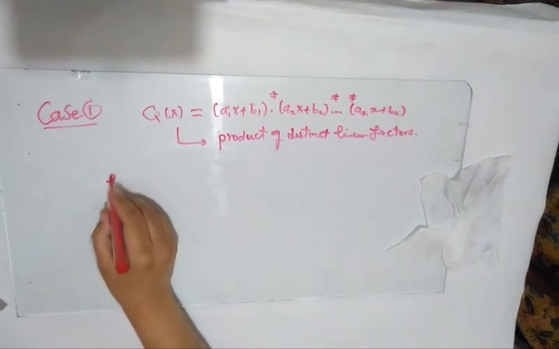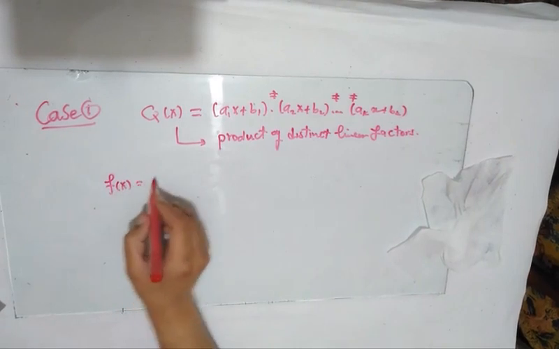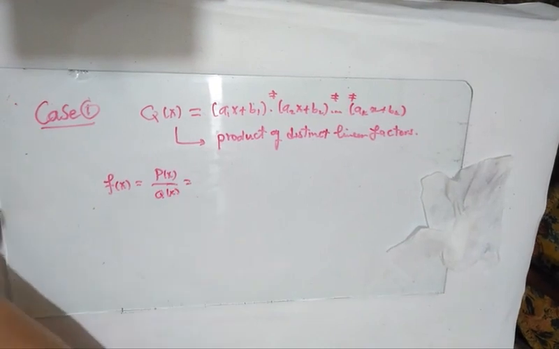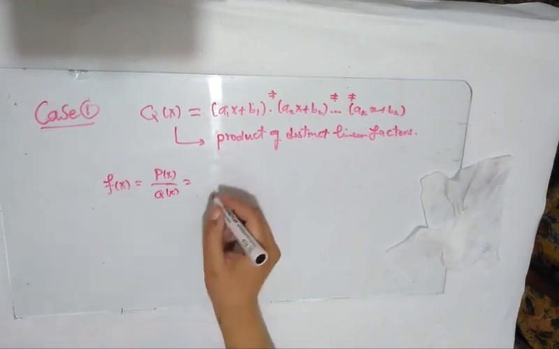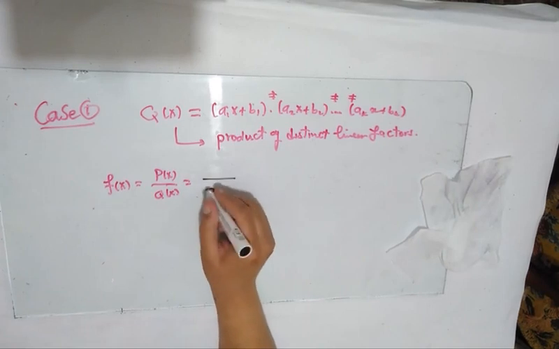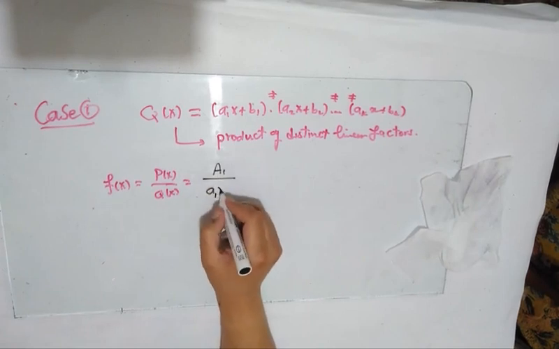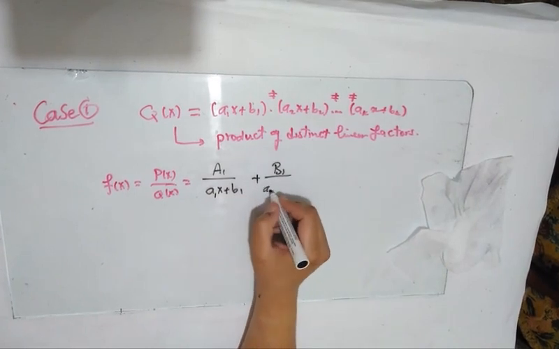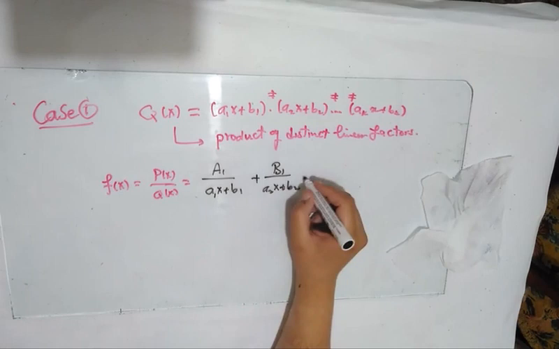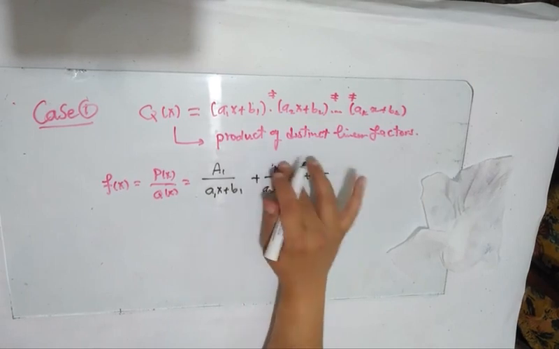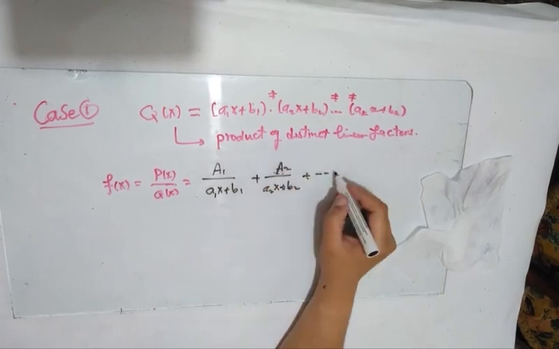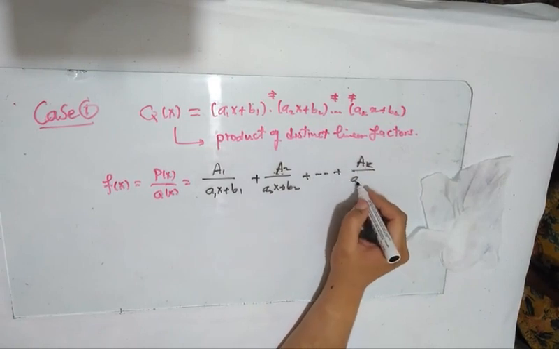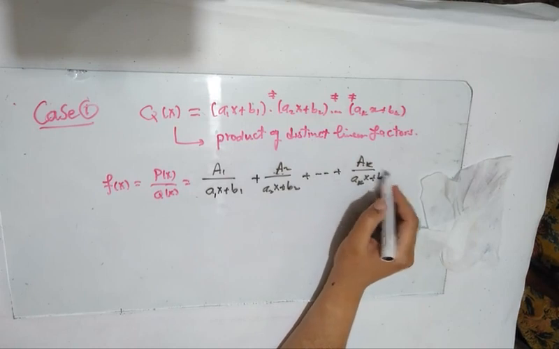Okay, so we know that f(x) equals p(x) over q(x). So our partial fraction decomposition is A1 over (a1x plus p1) plus A2 over (a2x plus p2) up to Ak over (akx plus pk).